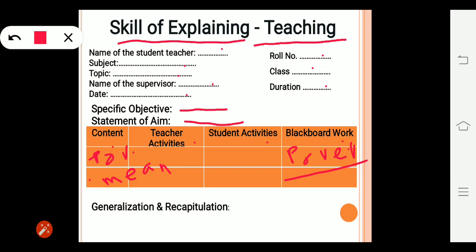Then teacher activity. It starts with a beginning sentence, a sentence which does not contribute much in understanding but brings mental alertness. For example, poverty has become a global issue nowadays.